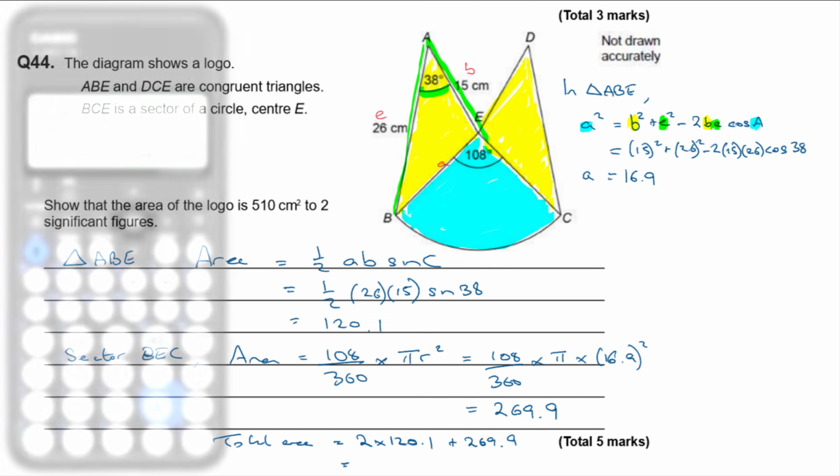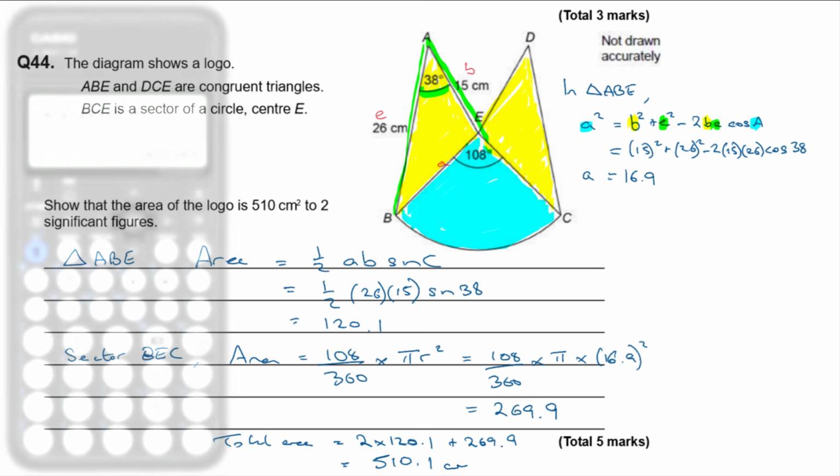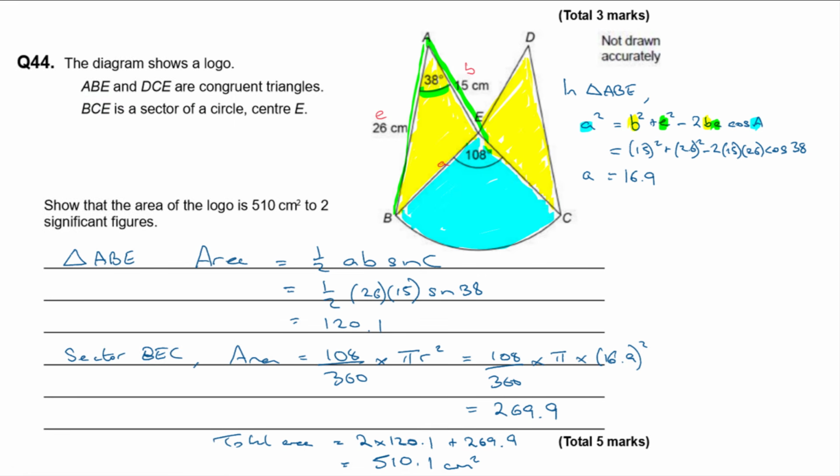Okay, so adding on 2 times 120.1, that comes out to be 510.1. So 510.1, and that's going to be in centimeters squared, isn't it? The question says show that the area of the logo is 510 centimeters squared to 2 significant figures. So I can just say, yeah, that's roughly 510 then, isn't it? Okay, good. Good job. We did it.